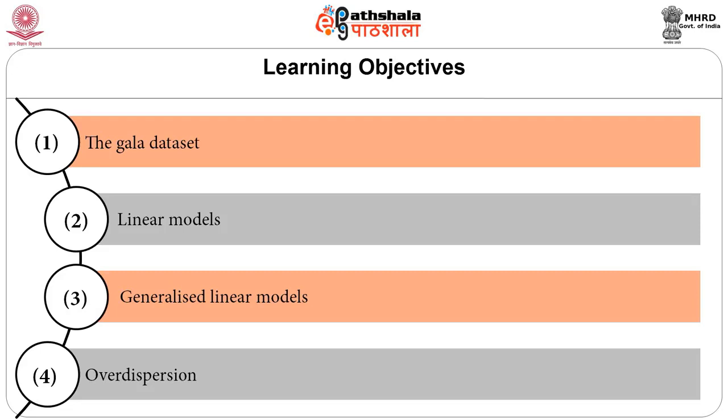As the outcome for this dataset is a count, we shall next look at the fitting of generalized linear models and the associated diagnostics. And finally, we shall look in more detail at the presence of overdispersion and get an independent estimate of the scale parameter.